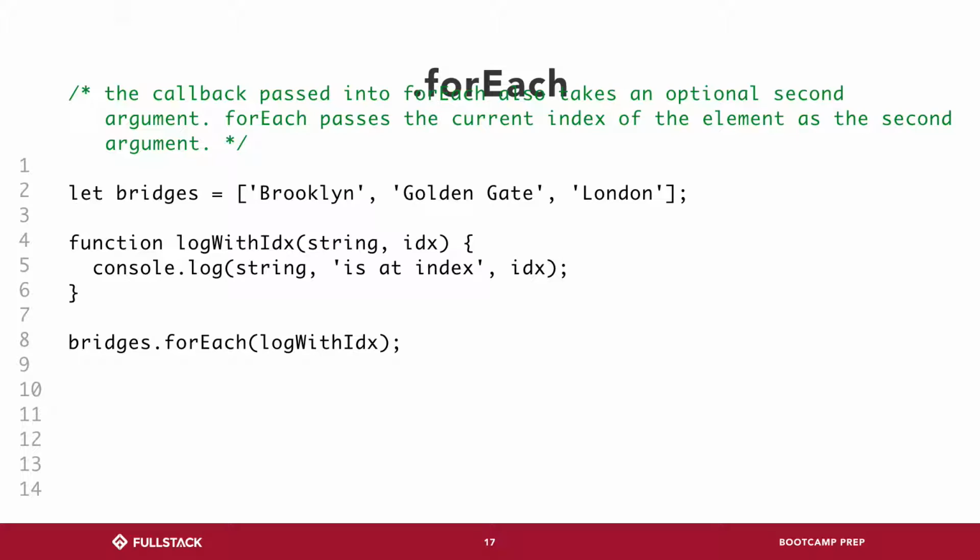I don't think it passes another one though. I think these are it. Whatever you make the second argument, you could say string, pancake, and pancake will just be the index, automatically. Yeah, you can give it whatever name you want.